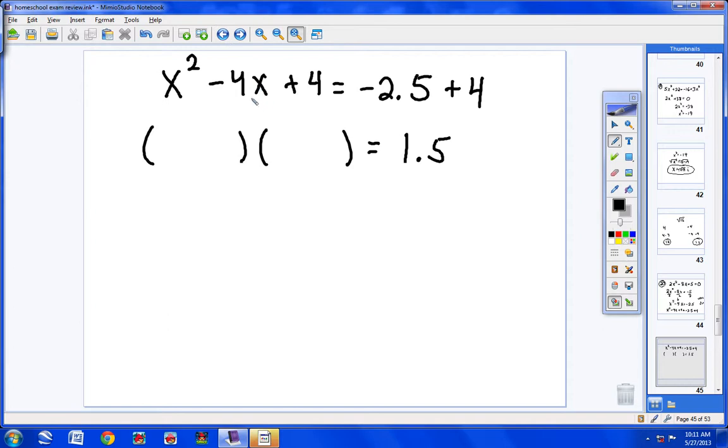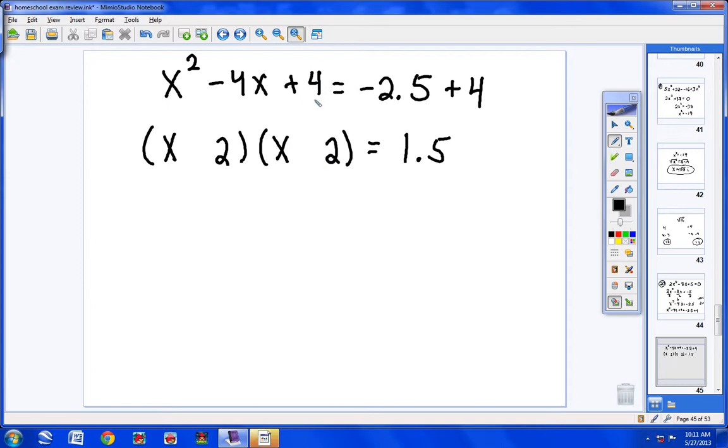Now, here's what I taught you guys. This shortcut only works when you're completing the square. Don't try to do this shortcut when you're not completing the square, okay? So here we go. See this x squared right here? In your head, you take the square root of x squared, which is x, and you put it here and here. See this 4 way over here, not the negative 4, this 4 right here. Whatever that number is, you take the square root of it, and you put it there, and you put it there.